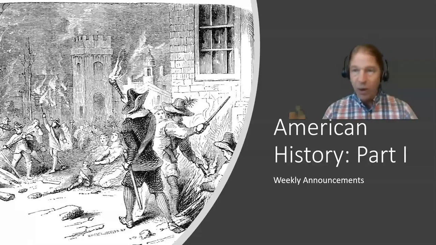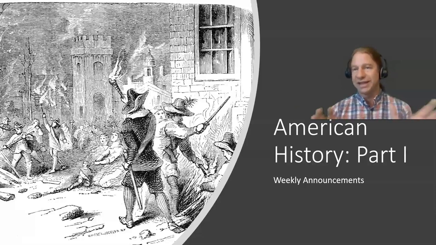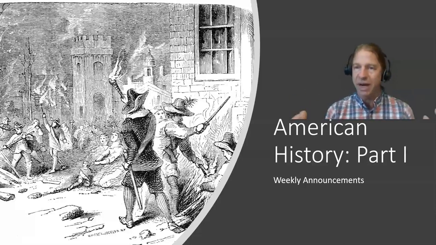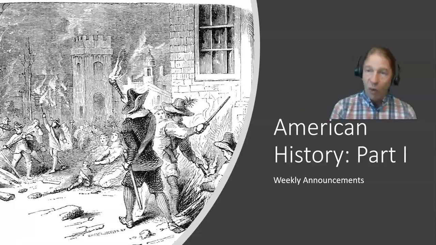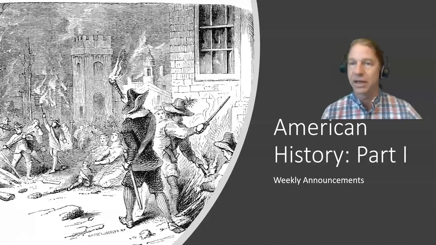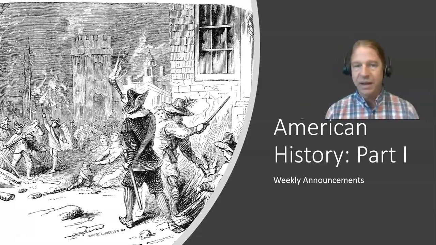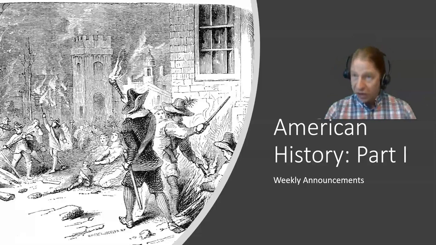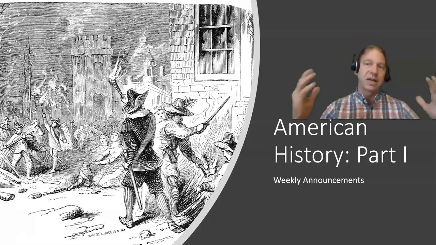Governor Berkeley did not want to do this because there was a stability in the Chesapeake. The big plantation owners were making lots of money, and they wanted to avoid further conflict with Native Americans.